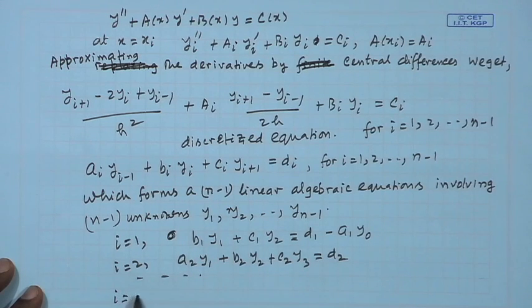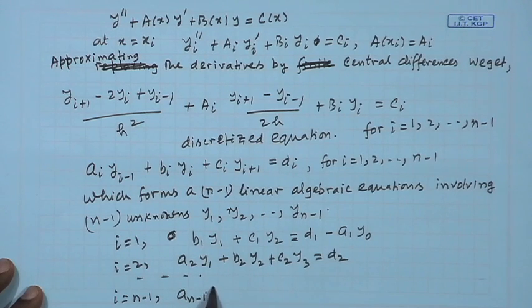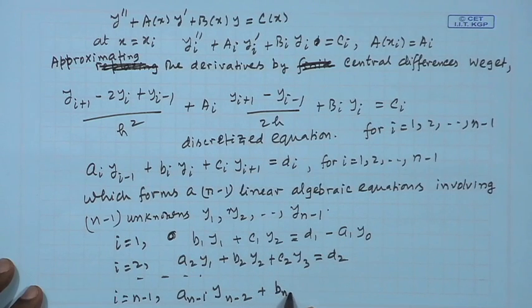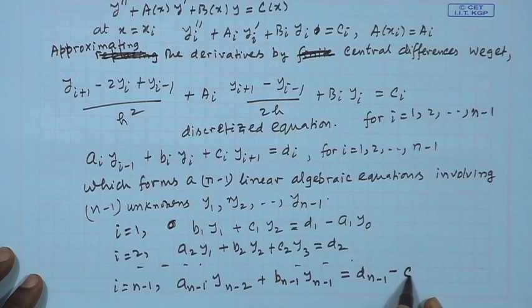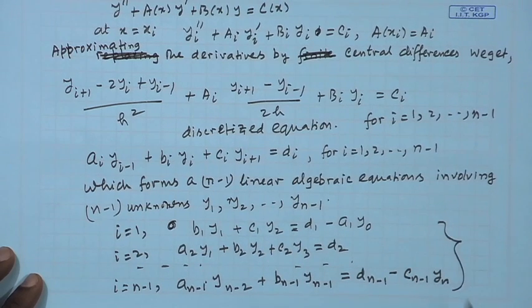For the last one, I equal to n minus 1, a n minus 1 y n minus 2 plus b n minus 1 y n minus 1 equal to d n minus 1 minus c n minus 1 y n, because this is known, we can transfer it to the known right side. So these are the system of linear algebraic equations, and the right side is the known vector.